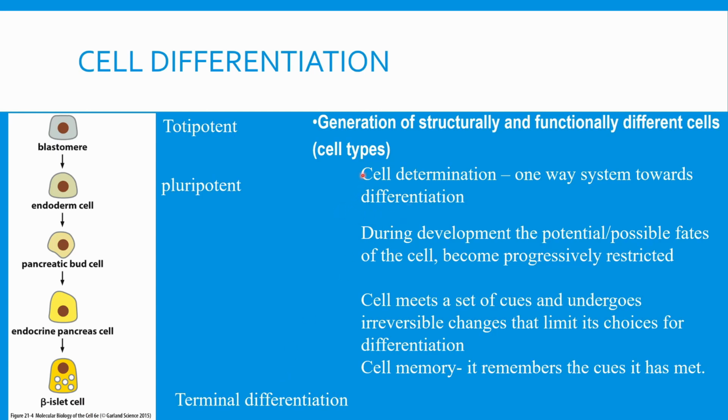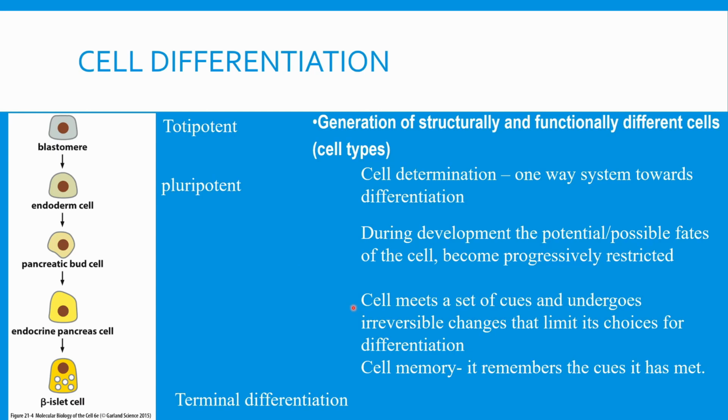And this is a type of cell determination, and it's a one-way system towards terminal differentiation. During development, the potential fates of the cell become progressively more limited or restricted, as I mentioned. And the cell, during its life, is not sitting in isolation.